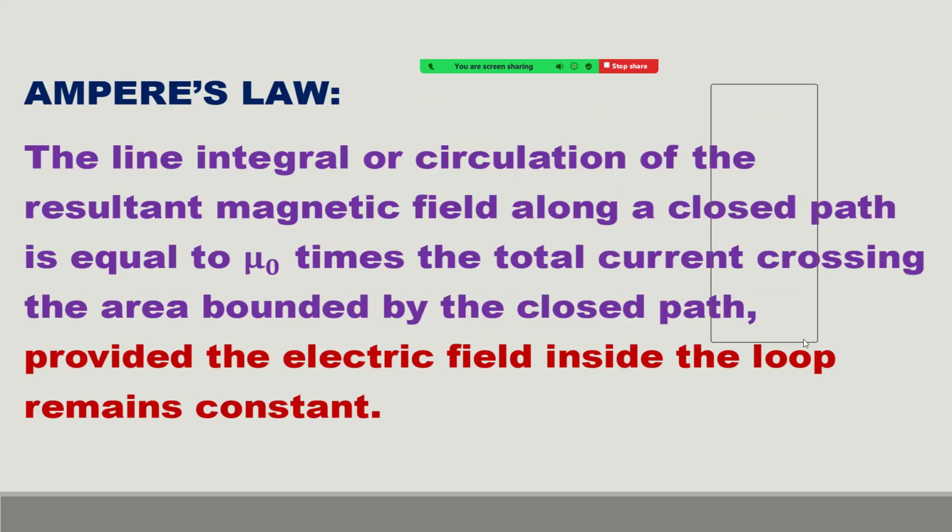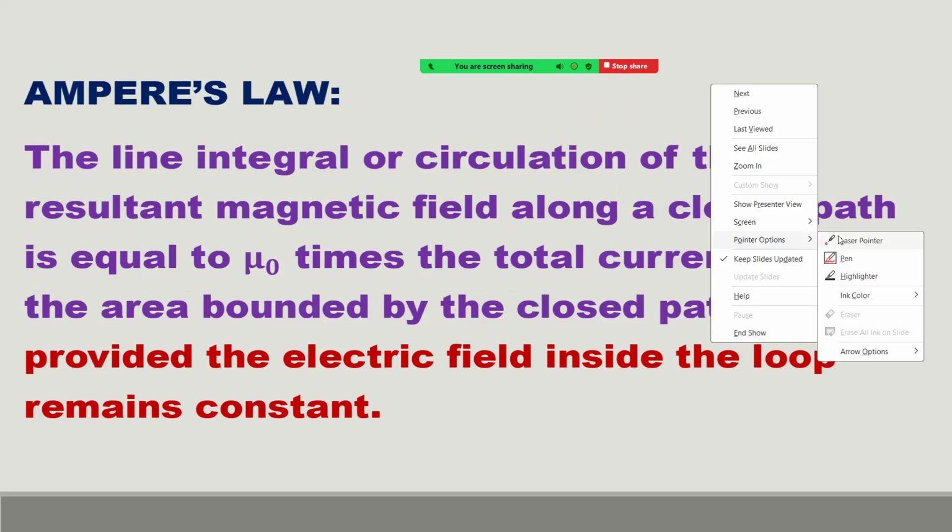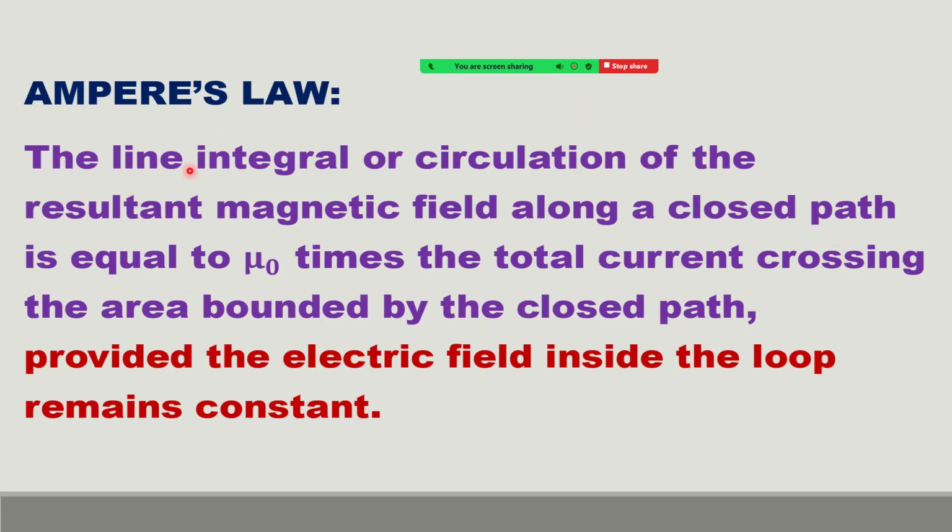Right, first of all, see the statement. The line integral or circulation of the resultant magnetic field. So this important word is resultant.